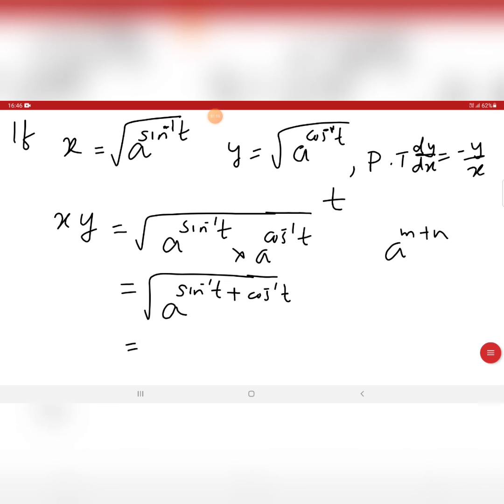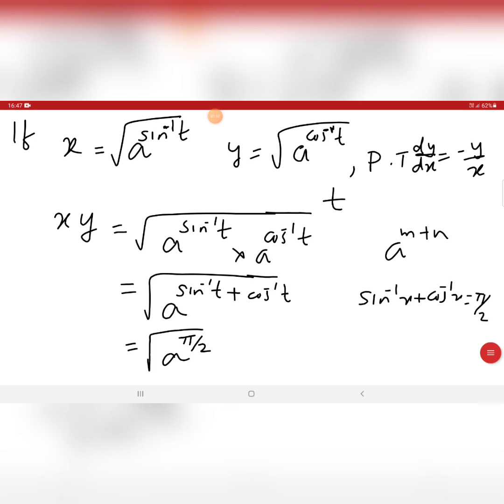We know sin inverse x plus cos inverse x is equal to pi by 2, so here also sin inverse t plus cos inverse t is equal to pi by 2. So we got xy is equal to root a raised to pi by 2. It is a constant, isn't it? a is a constant, then a raised to pi by 2 is also a constant.